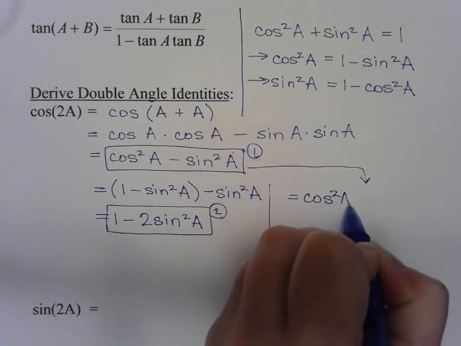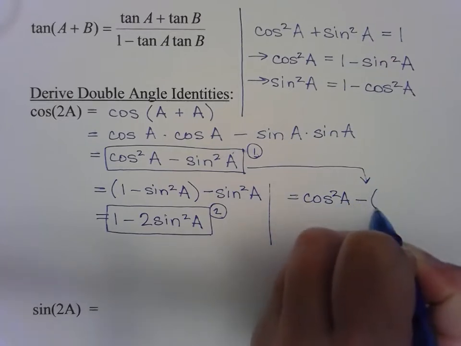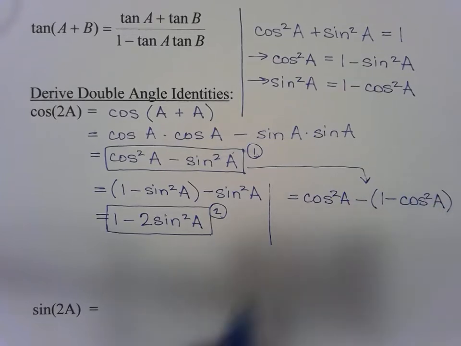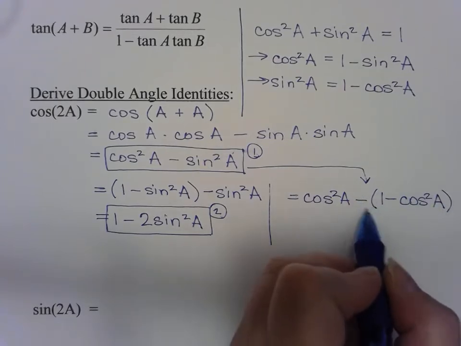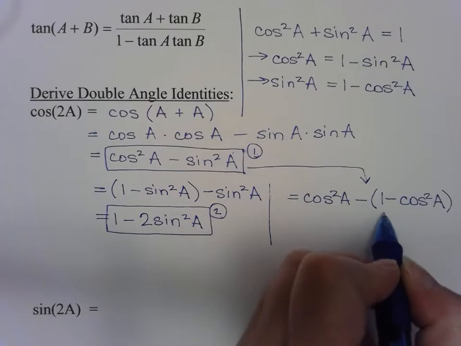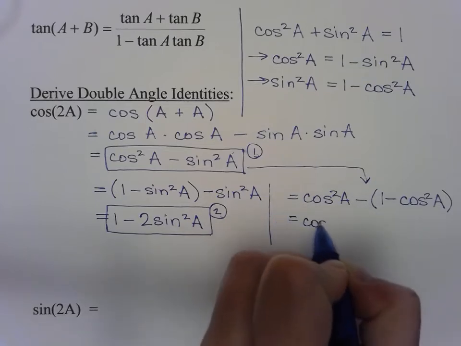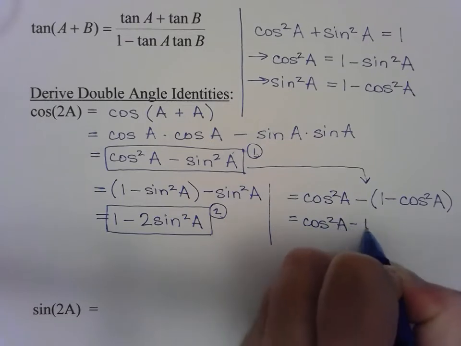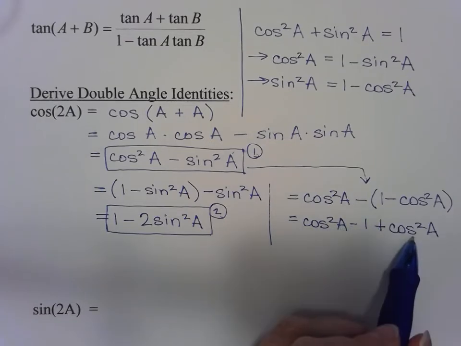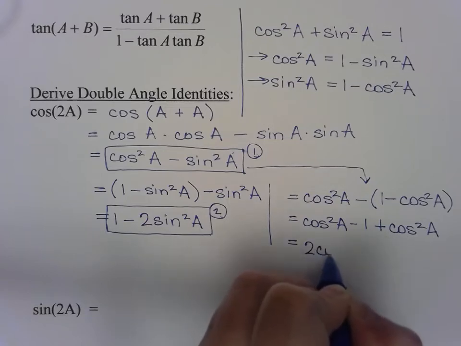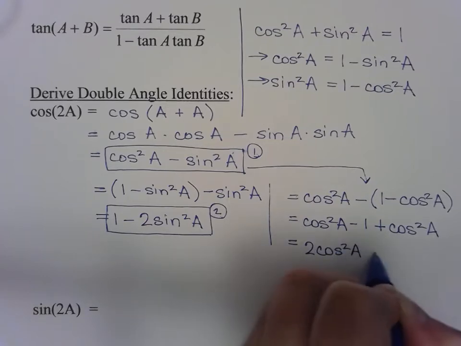So I'll still have cosine squared of A minus 1 minus cosine squared of A. Think of distributing this negative. Then these two cosine squareds are going to double up. So I have 2 cosine squared of A minus 1.